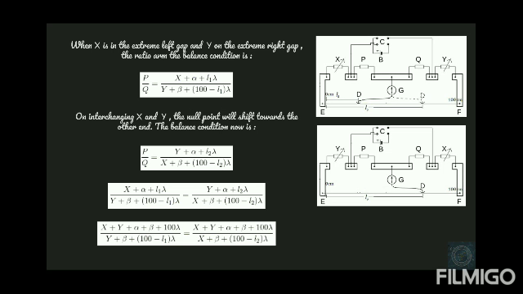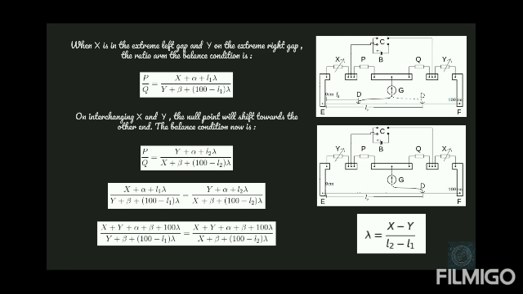I can cancel them, and then I can cancel beta as they go on top, and then I can cancel 100 lambda. What I will be left with, you can just do it in a copy. I'll be left with this, and this is the formula for finding lambda.